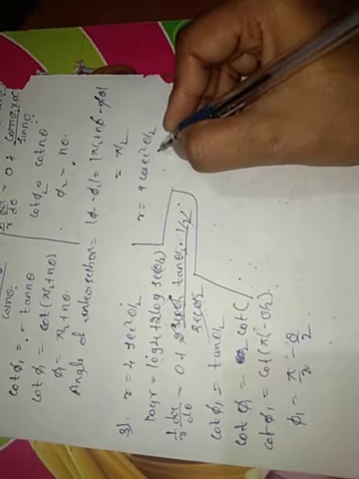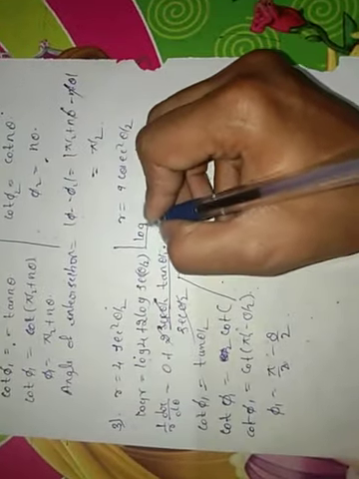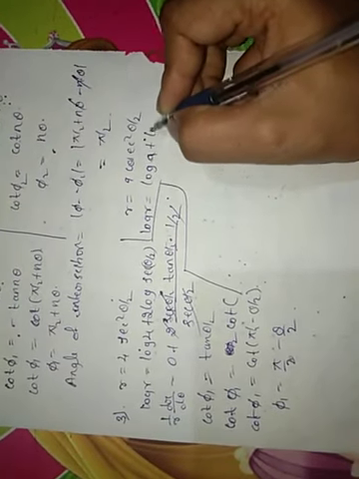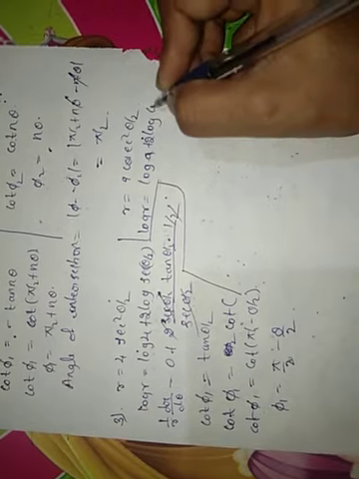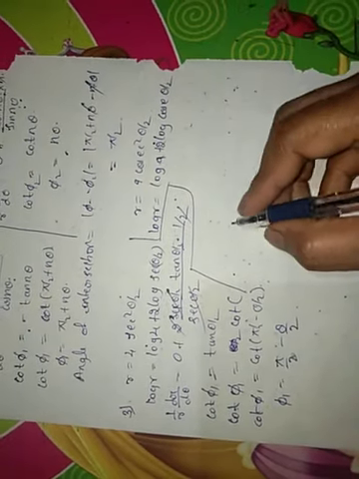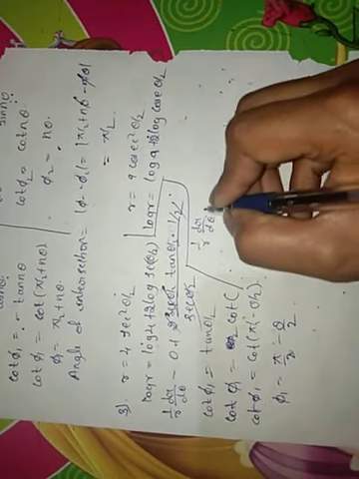Next, r equals 9 cosec square theta by 2. Take a log on both sides. Log r equals log of 9 plus 2 into log of cosec theta by 2. Differentiating with respect to theta, the derivative of log r is 1 by r dr by d theta.